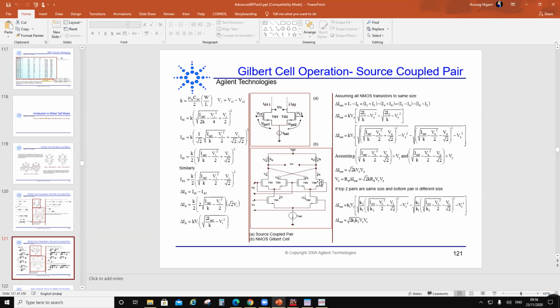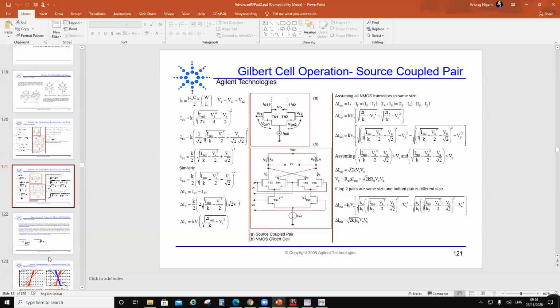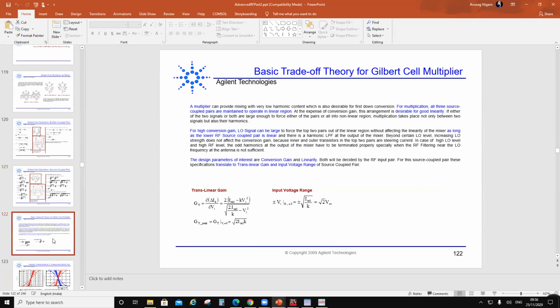Now, if the transistors on the top are K1, that is, they have a different W by L, and this is K2, then the relation is basically the square root of the geometric mean of roughly K1, K2 times the square root of 2 times Vx, Vy. If you multiply with RC, you will get the output, and then divide by Vy, you will get the conversion gain. So that's what's happening. Now, what is important to know here is that the input voltage range is root 2 times V overdrive.